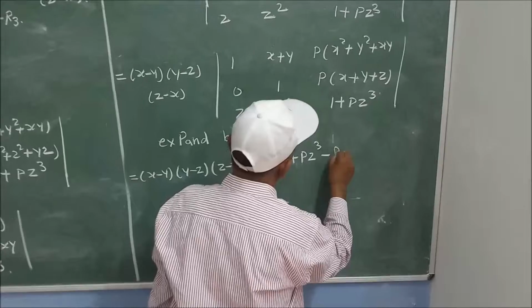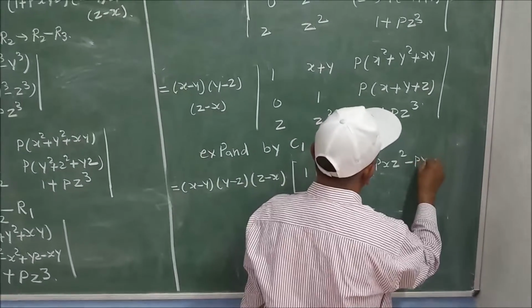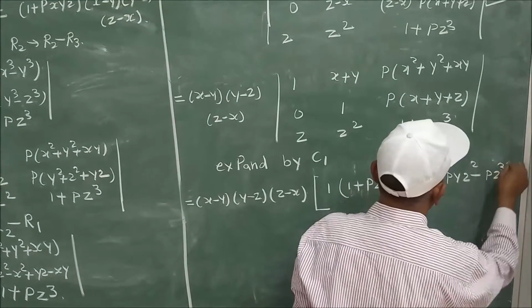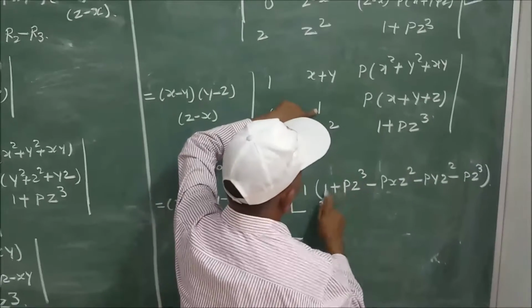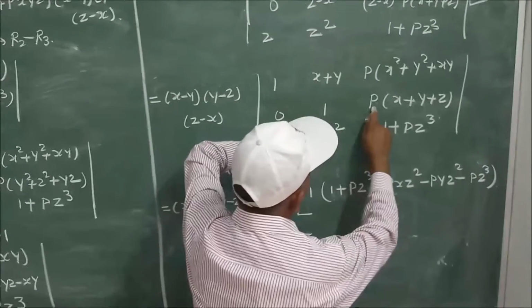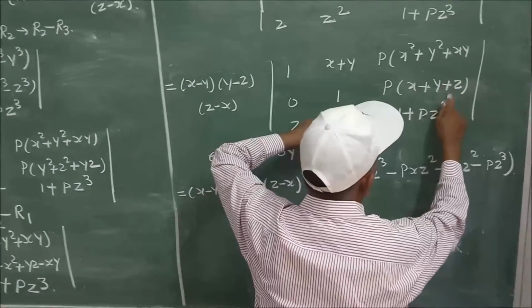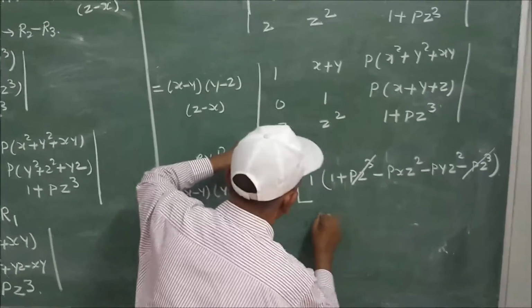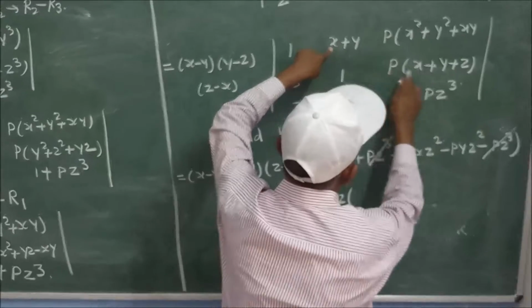So this can be written as pxz square minus pyz square minus pzq. Once again check: 1 to 1 plus pzq, and pz square to this term. So pxz square, pyz square, and pzq. pzq will cancel.